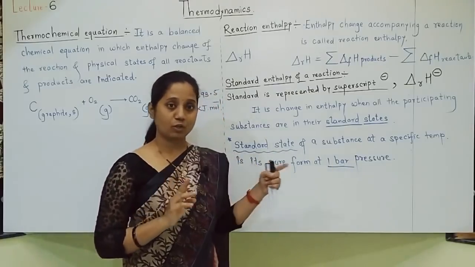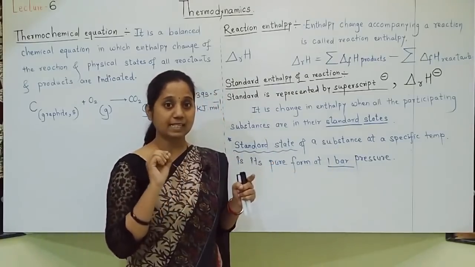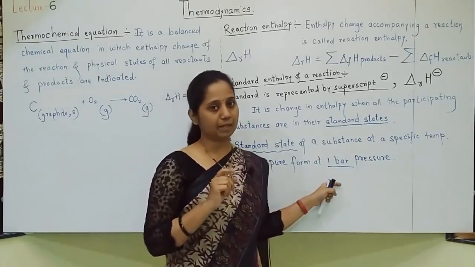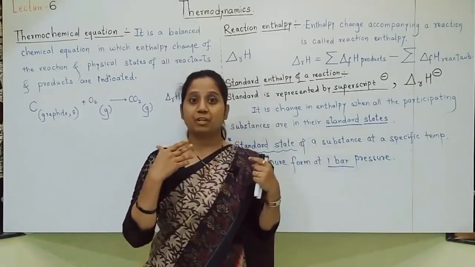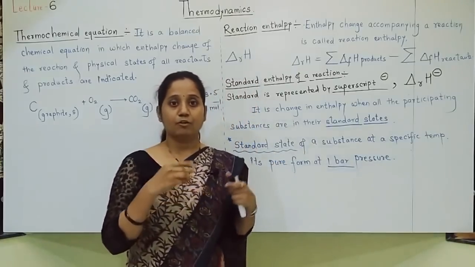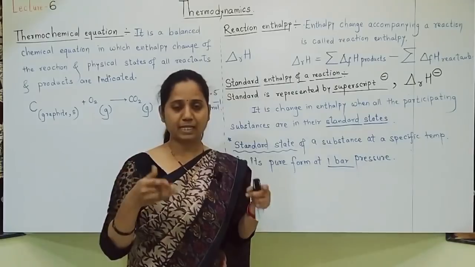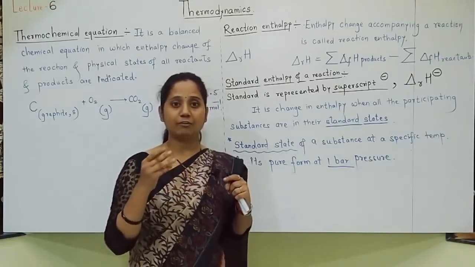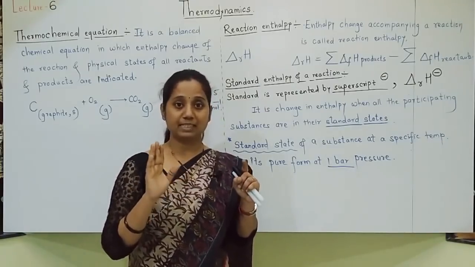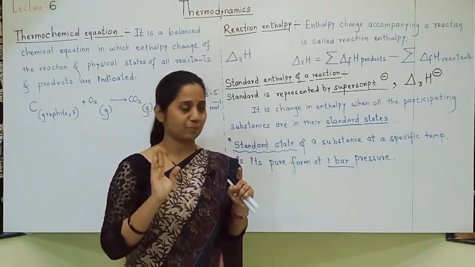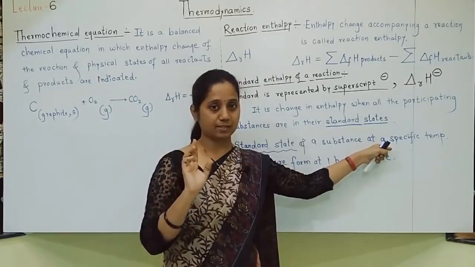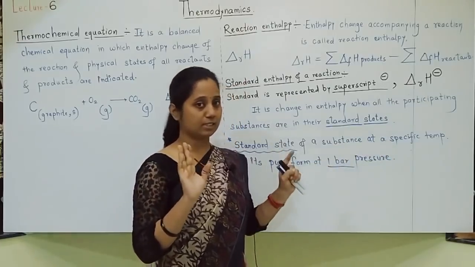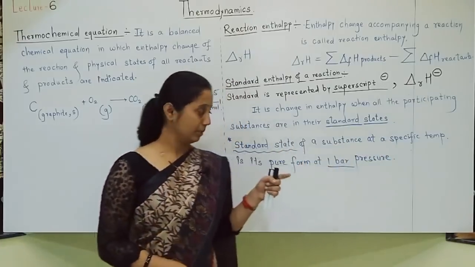Not temperature; only pressure is fixed at the standard 1 bar. Temperature is any specific temperature, because various different processes will be there: fusion, vaporization, sublimation. So everywhere the temperature will not remain the standard temperature. That's why the temperature changes according to the process. So you should write constant temperature or specific temperature.